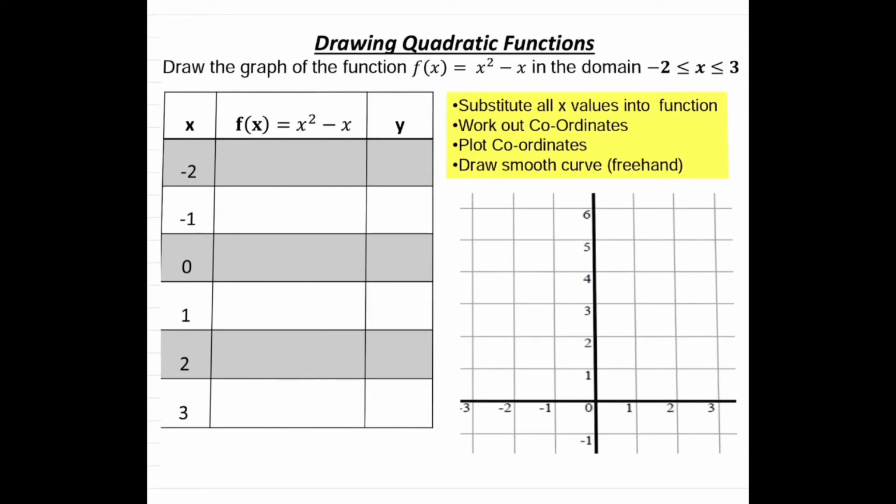So make sure you draw a table for these questions. And now I'm going to substitute in my x values. So make sure you're using brackets when you're substituting in.